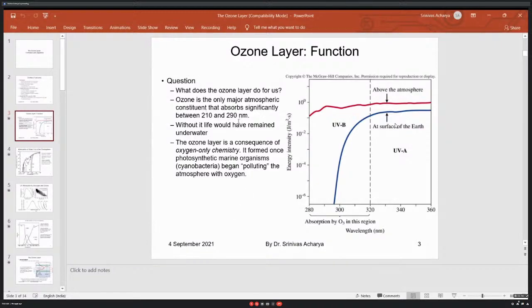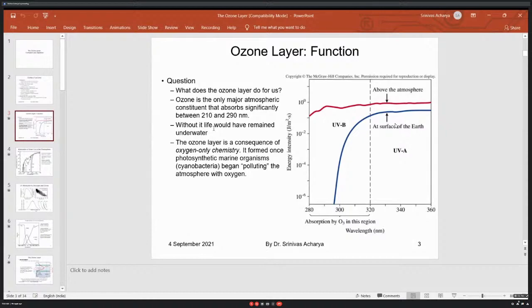Both are in the intense UVB and UVC regions. Without it, life would have remained underwater. And that means underwater life created the situation of oxygen saturation in the atmosphere, which may have caused ozone formation in history.